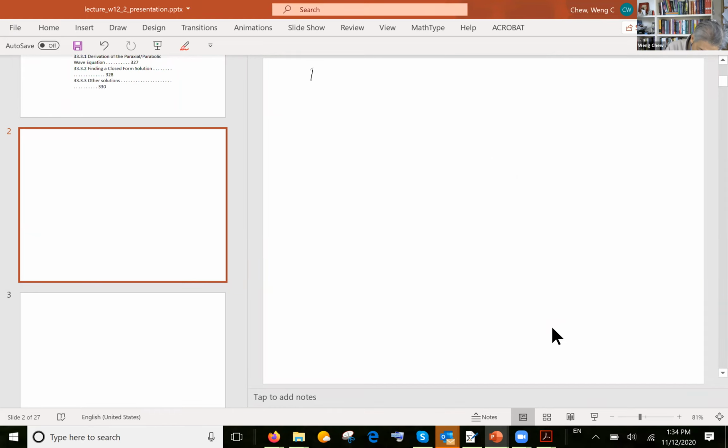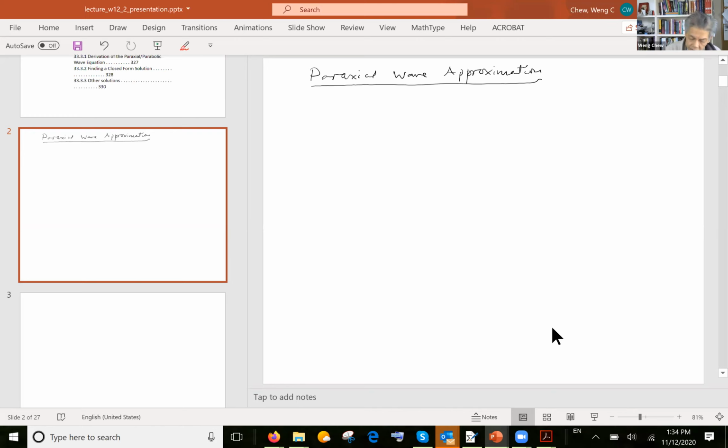So the first thing we should know about is something called the paraxial wave approximation before we study Gaussian beam. So what is paraxial wave approximation?